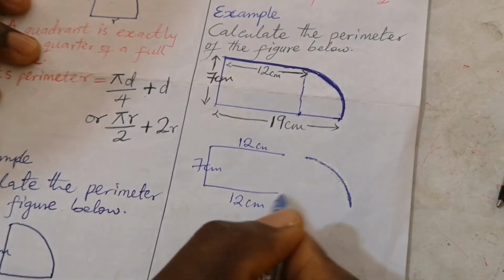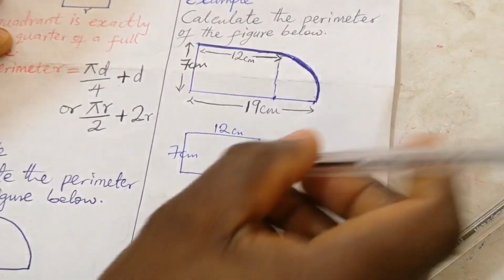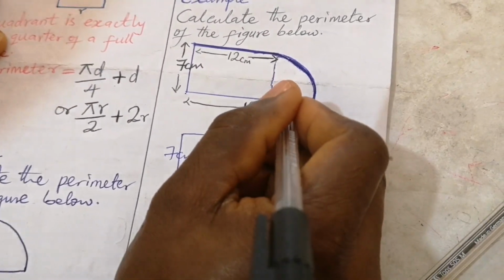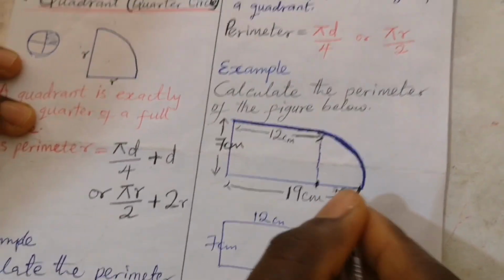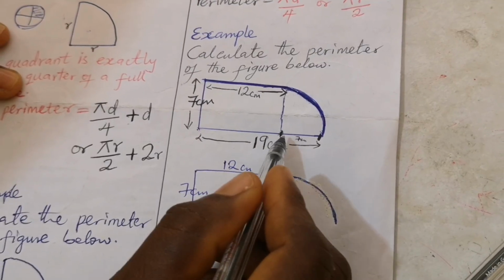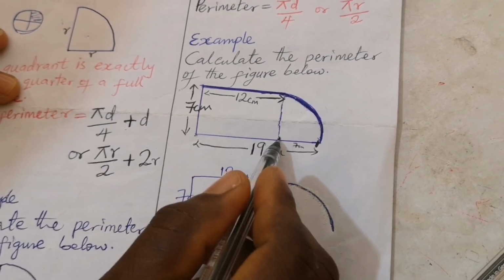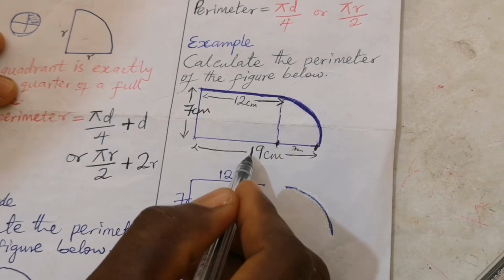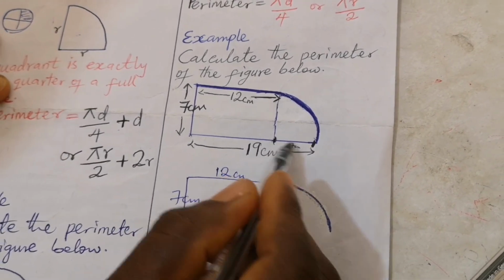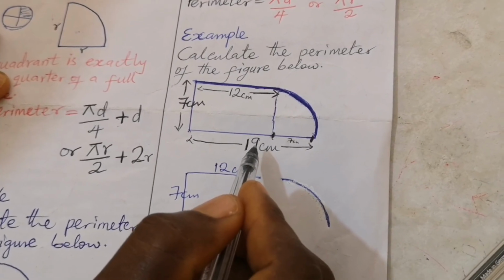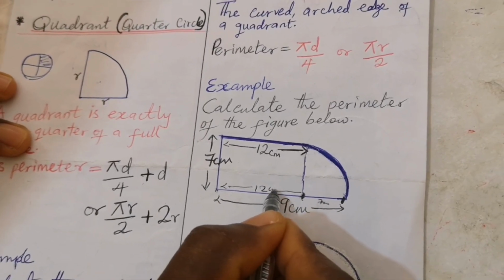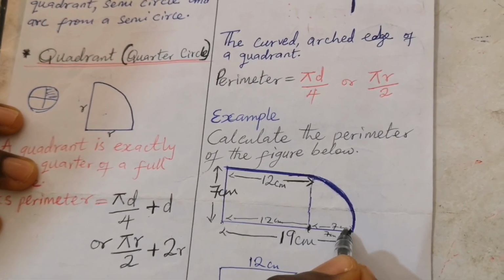I want to add it back to this figure. From here to here is supposed to be 7 cm, because from here to here is 12 cm. Then 12 cm plus 7 will give this 19. So since from here to here is 12 cm, from here to here will be 7 cm.